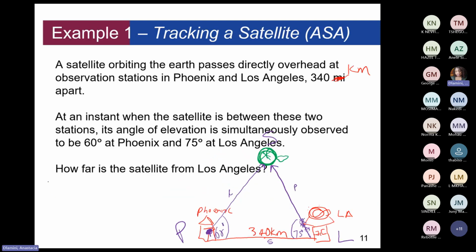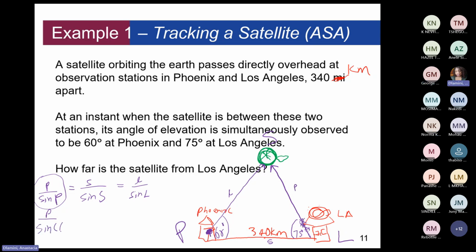So let's look at this triangle. Because we're looking for the distance, we'll write it like this: the sine of P is equal to sine of small s over sine of capital S, and small l over sine of big L. Then I substitute.